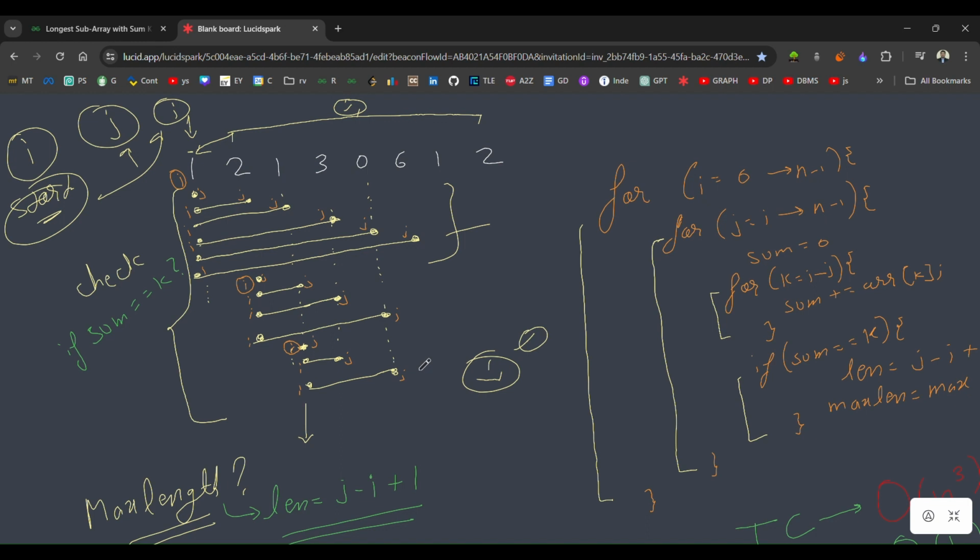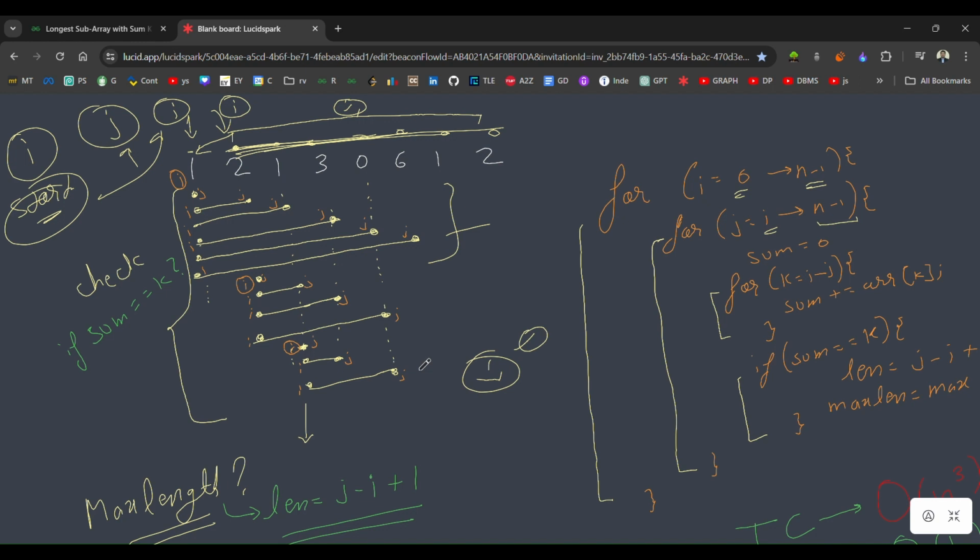So these all will be giving subarrays. And now what I am doing, I am going to increment this i. Now the subarrays will be starting from the second index, right? And then they will be ending at different indices. So each of them will give subarrays, right? So basically i will go from 0 till n minus 1, and j will start from i and go till n minus 1, right?